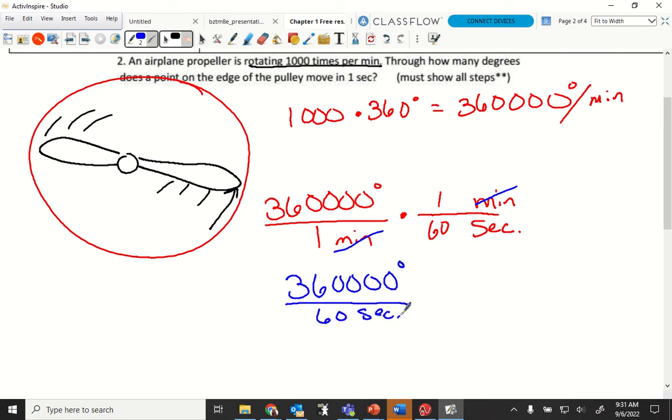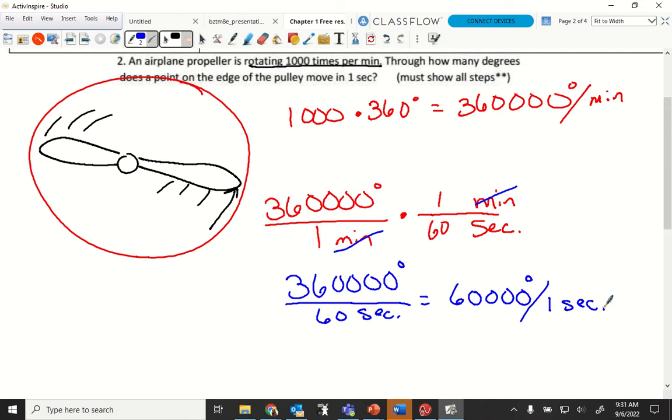And do the math. I should get 60,000 degrees per 1 second. Hopefully? I don't know. I kind of suck at this. Did I do too many zeros? Yes, 1 too many, right?